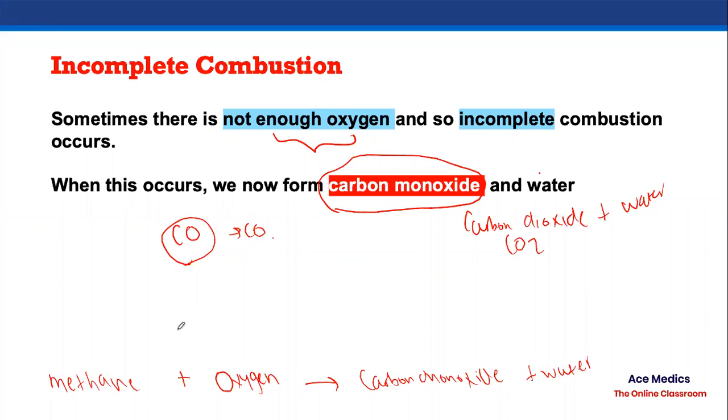Okay, so we're going to try and write this as a chemical equation with the chemical formulas. Then we'll try and balance it after that. Anybody have any idea how we would write this with the letters? What's the chemical formula for methane?